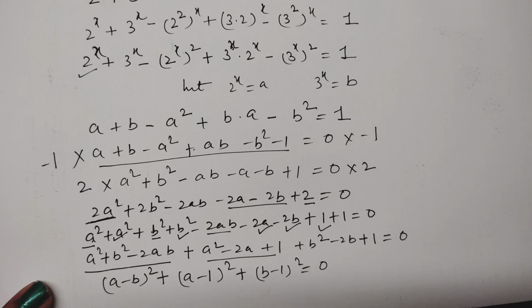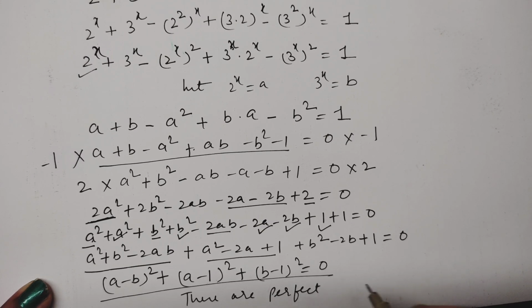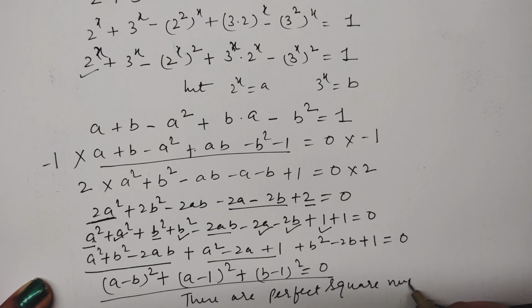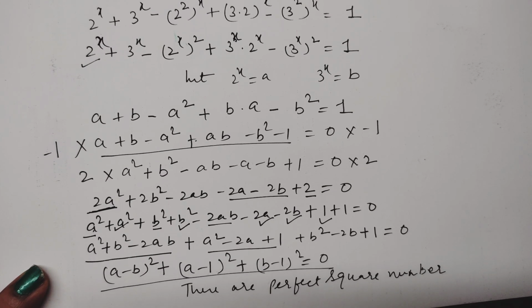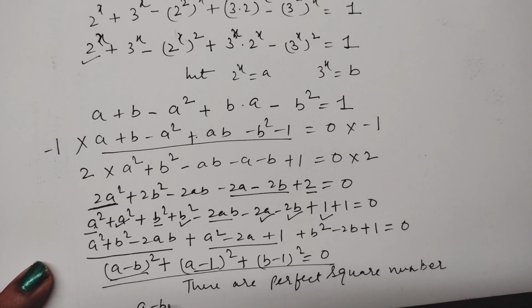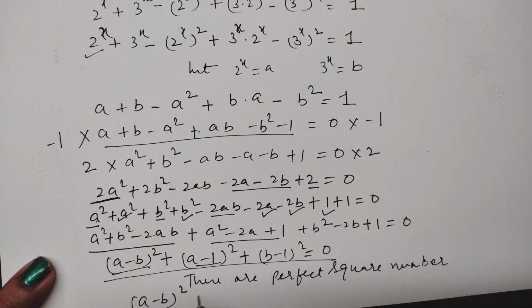We know that these are perfect square numbers. And this value, a minus b whole square, will always be greater than or equal to 0.